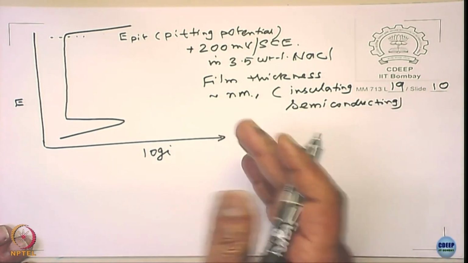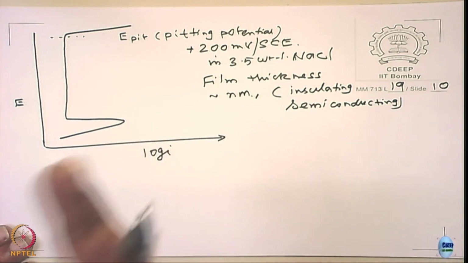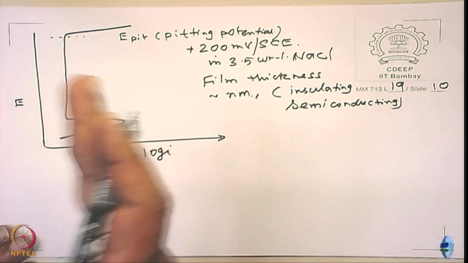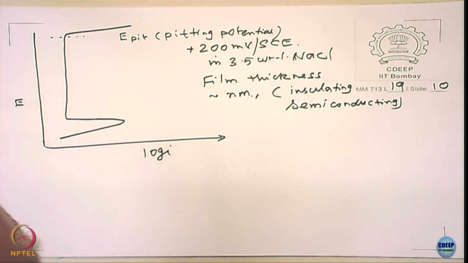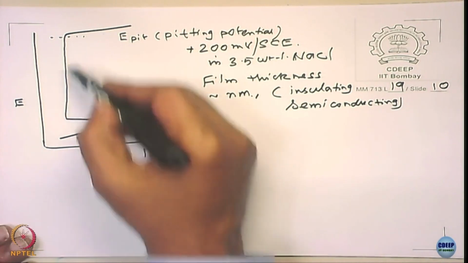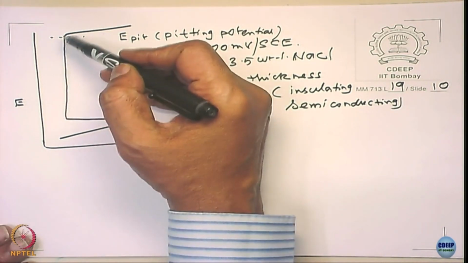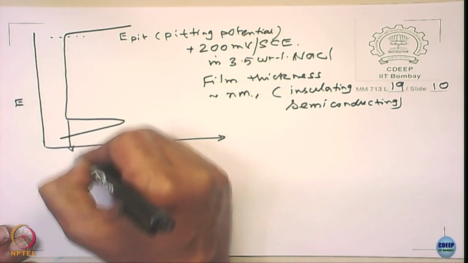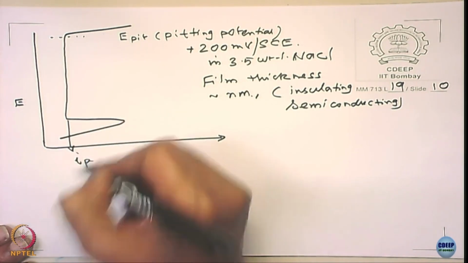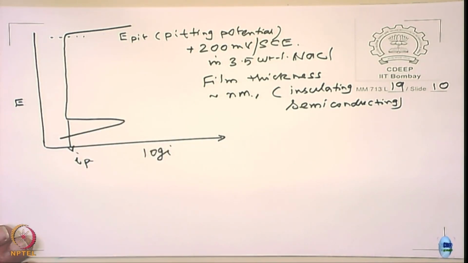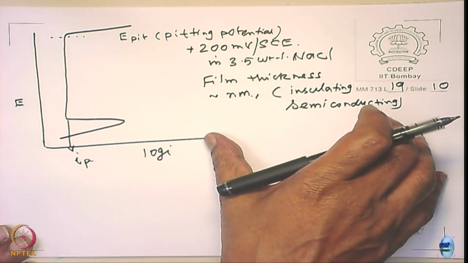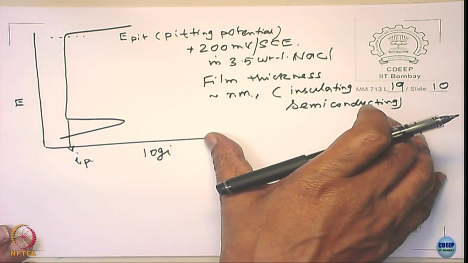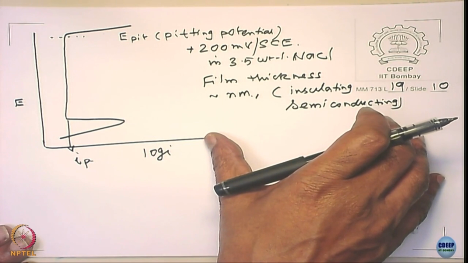So it is a barrier for the flow of the current, is it not? When I apply a voltage, the current is not rising, the current remains steady state here. This is called the passive current density, this is your I-P, because the film is offering a barrier resistance.